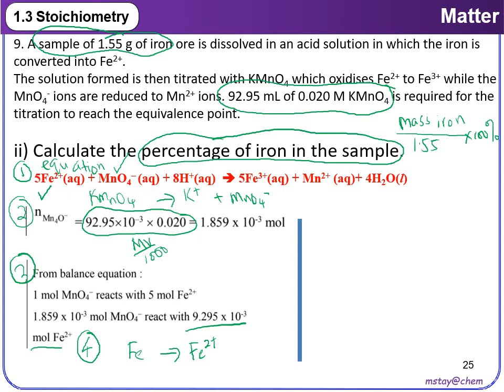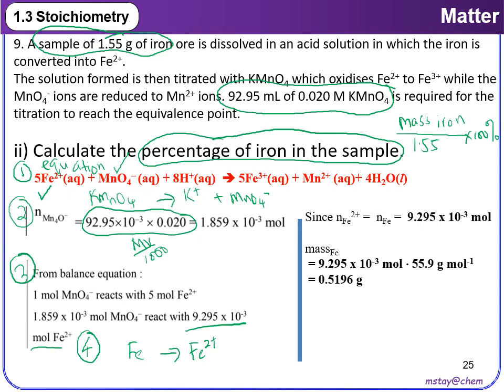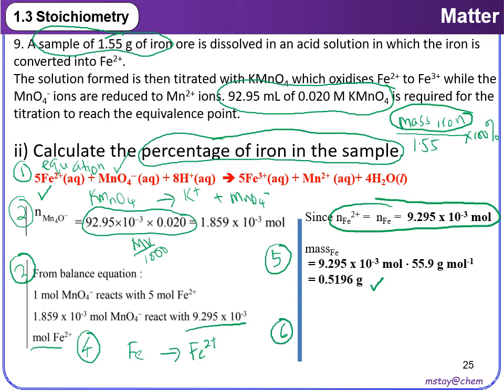Therefore, the number of mole of Fe2+ and iron are the same. Continue with step number 5, we find the mass of iron. After we get the mass of iron, we substitute into the formula to determine the percentage of iron in the sample, which the final answer is 33.52%.